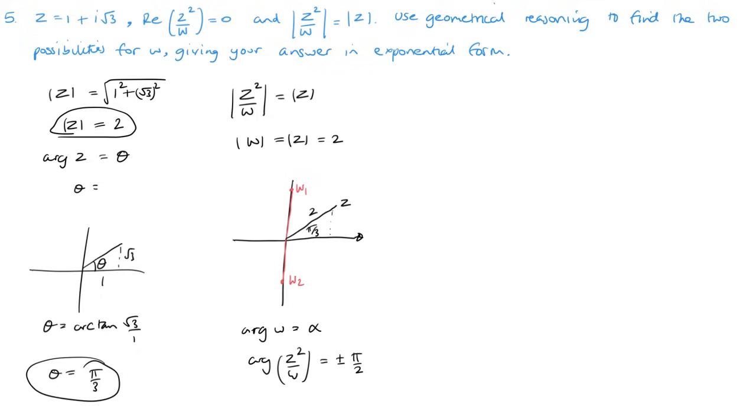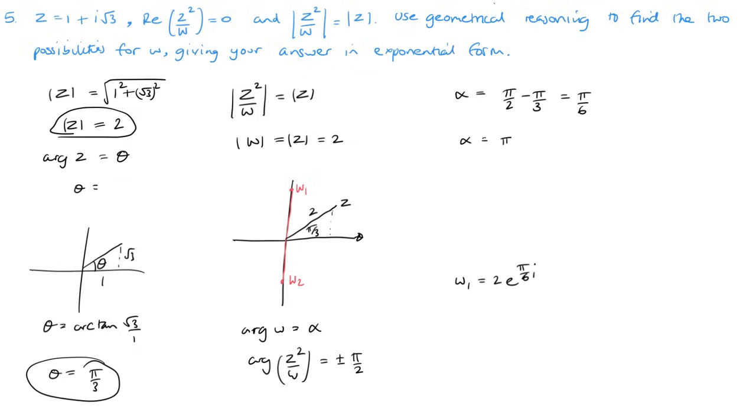So that's all the information that I know. Finding this, going up to W1, we'd have pi by 2 minus pi by 3, which gives me pi by 6. So W1, I'll write it down at the bottom here, is 2e to the pi by 6i. Now I need to find going down this way. So this is pi by 2 plus a third.